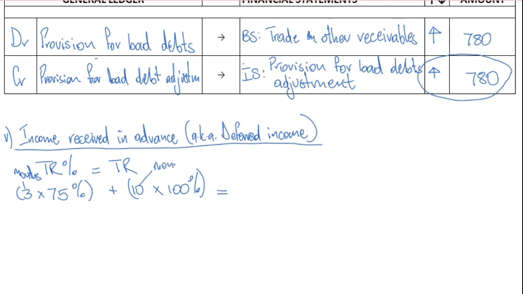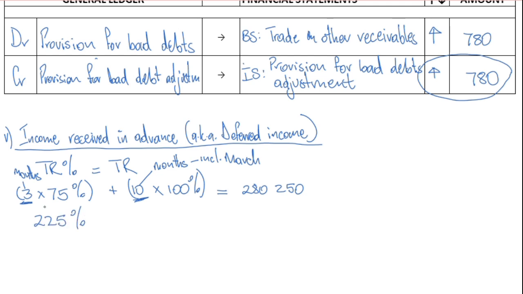Remember, it's 10 months because we are including the rent for March as well. So altogether, we've got 13 months. 3 months at 75% of the rent and 10 months at 100% of the rent. This equals to 208,250 rands.